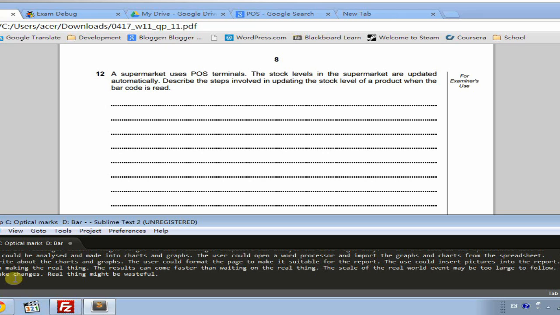Well, okay, first of all, the barcode will be read, and once we've got the barcode, possibly by the barcode reader or by the POS terminal, that code will then be taken and found in the database.